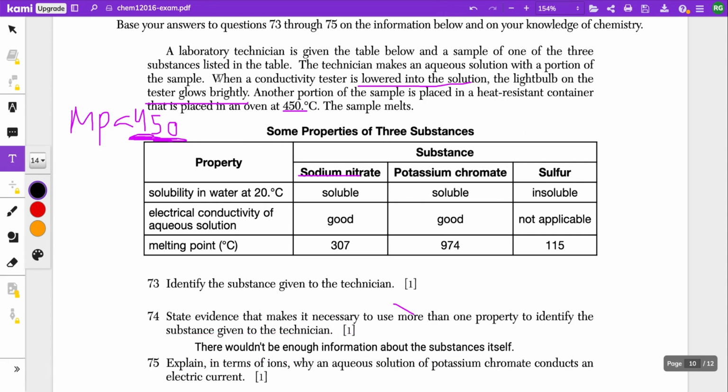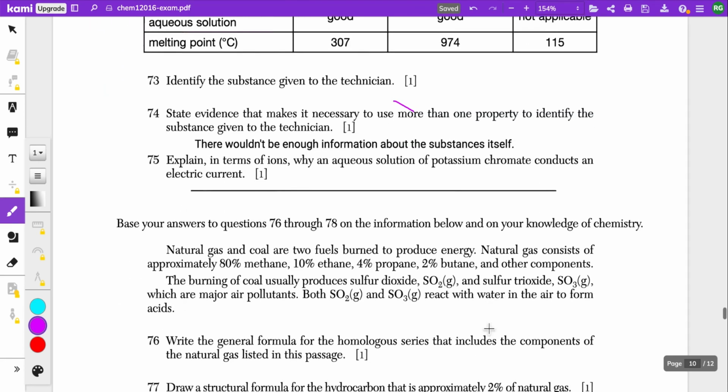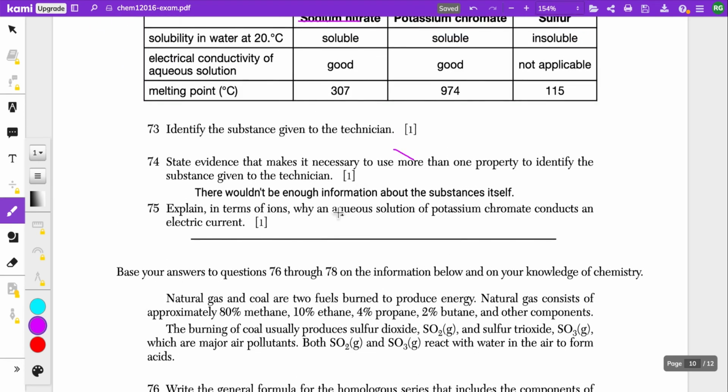You can also state evidence from this information right here. I'm not going to write a whole essay, but to guarantee that you get the answer correct, just say that the question talks about the conductivity tester and it talks about the melting point, so you need more than one property. In terms of why, imagine this container filled with water.